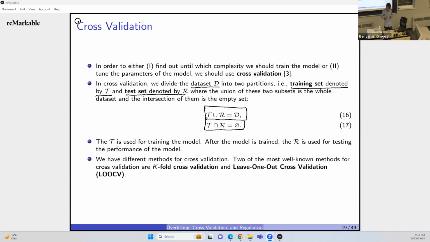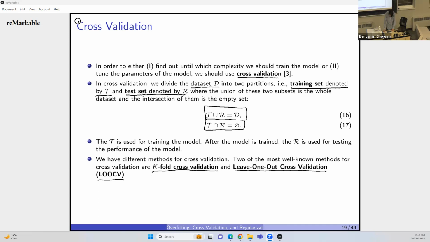Here I'm going to tell you about cross-validation. What is cross-validation? We have at least two important types: one is k-fold cross-validation, and the other is leave one out cross-validation.